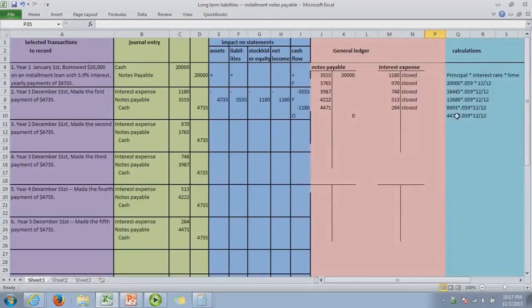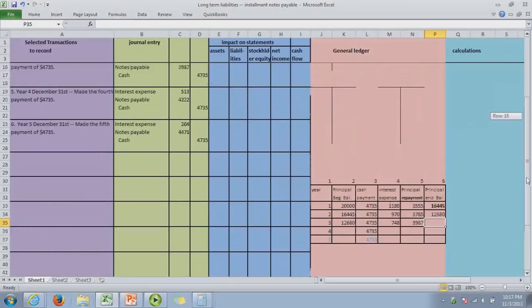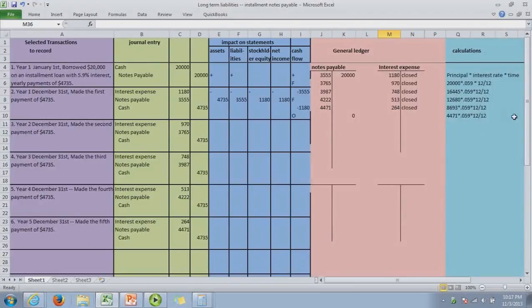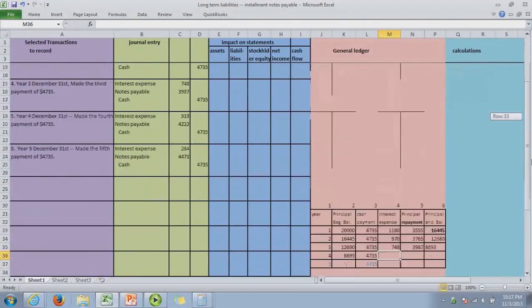We figured out is 8693. And that we end one period, we begin the next with the same thing. And you can see the pattern. 8693 times 0.059 to figure out the interest, which is this calculation. And that was the 513.